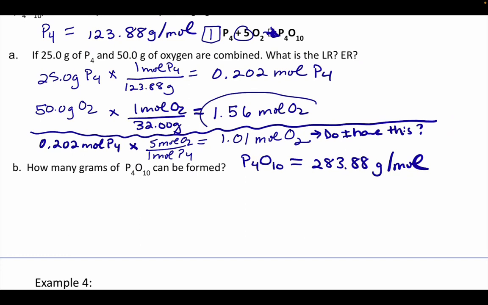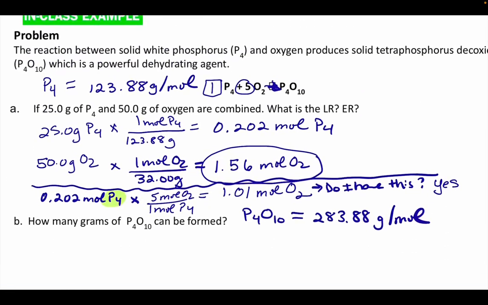Yeah, I've got 1.56. So that means I have plenty of O2 and that my limiting reactant is the P4. So limiting reactant is the P4 and the excess reactant is the oxygen.